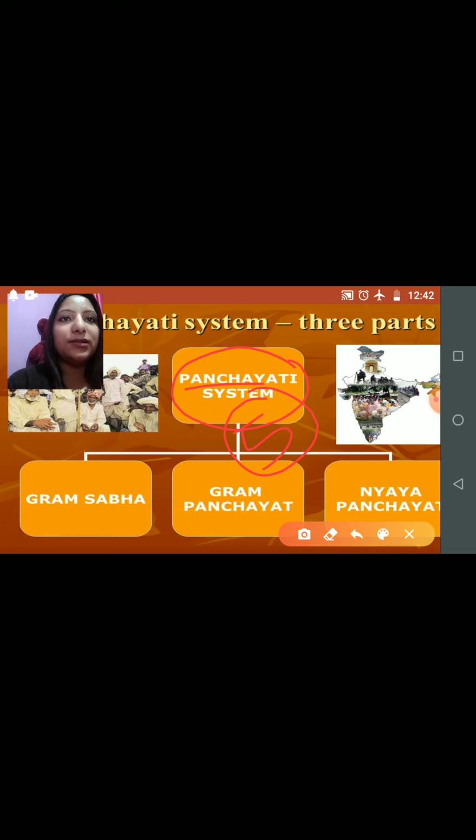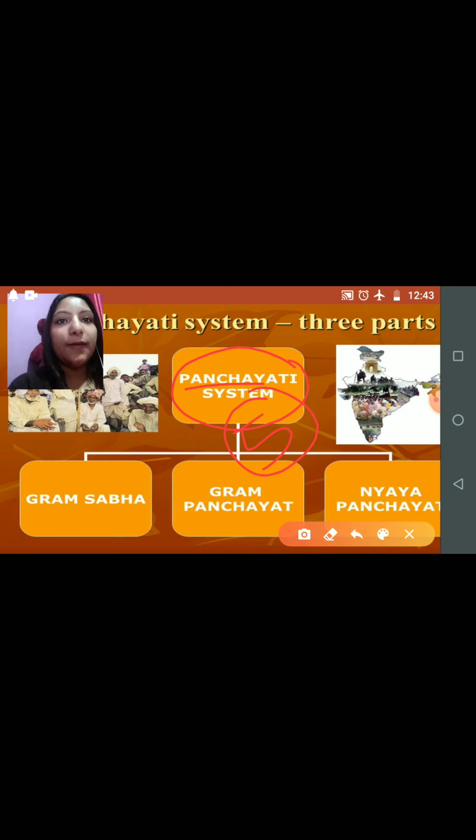After independence, the panchayat system was revived by the democratic government. In a democratic government, we all elect our own representatives and the power is in the hands of the people. You all know that India is a democratic country.